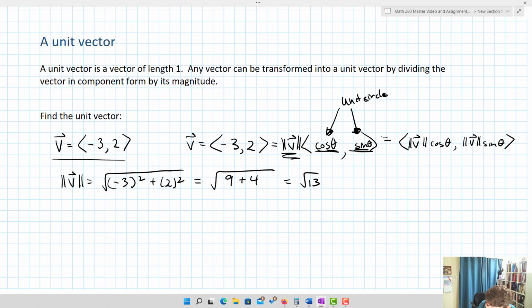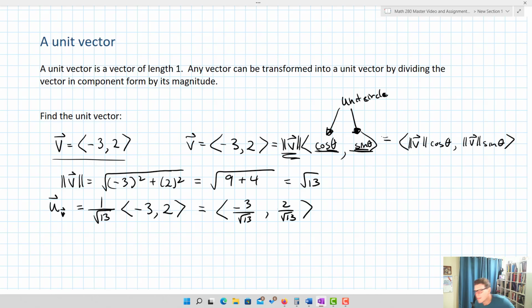So my unit vector, call it u, the unit vector of v, is going to equal 1 over the square root of 13 times -3, 2. Algebraically, that's -3 over root 13 and 2 over root 13. That's it. It's pretty simple to construct a unit vector.